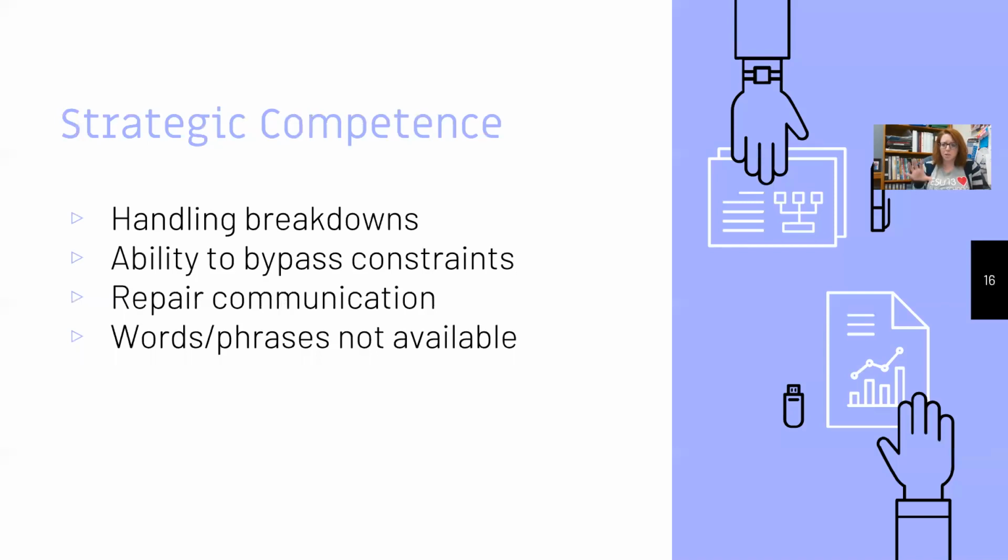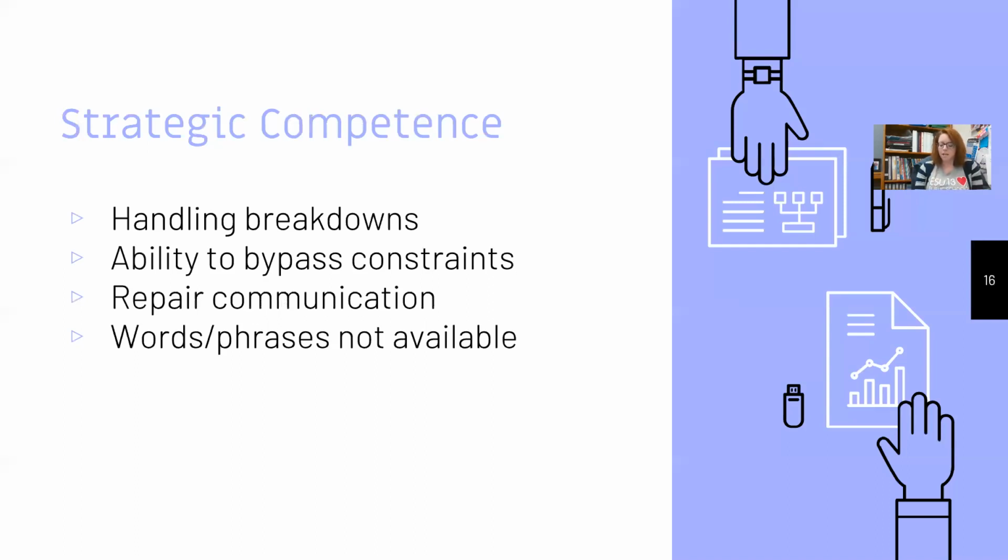So in addition to those big picture kinds of things, this also talks about how do they repair communication. So if they've said something and the person that they're talking to does not understand the message that they gave to them, can they fix that? Can they say, oh no, wait, that's not what I meant? Or ask for clarification, like I don't understand what you mean, or can you tell me more about that?